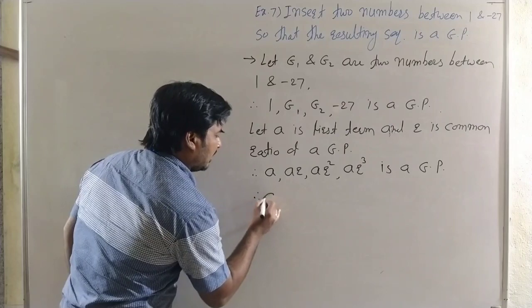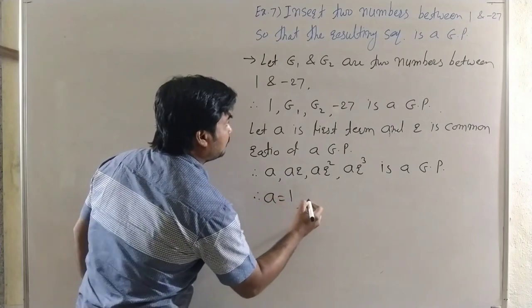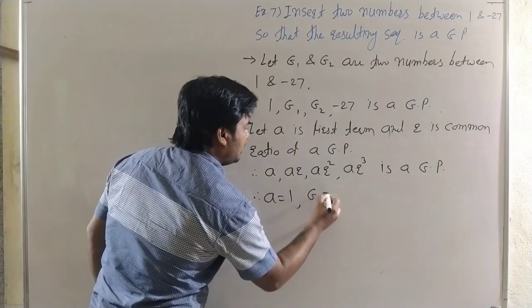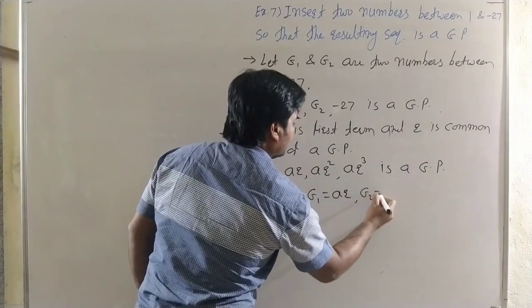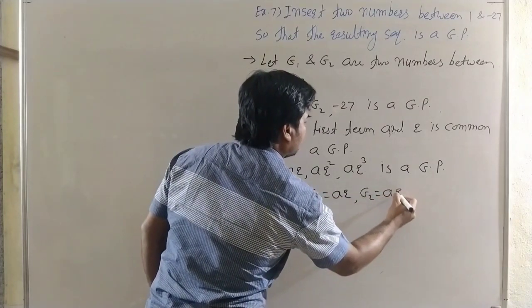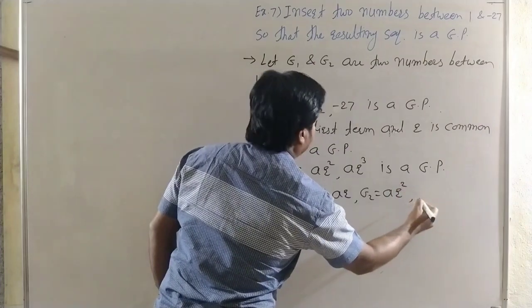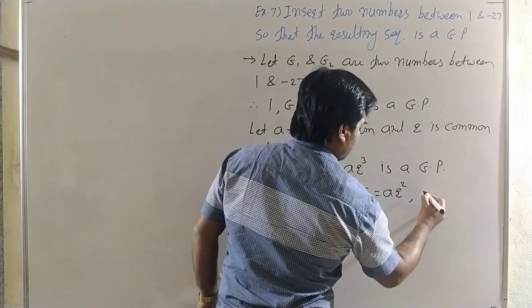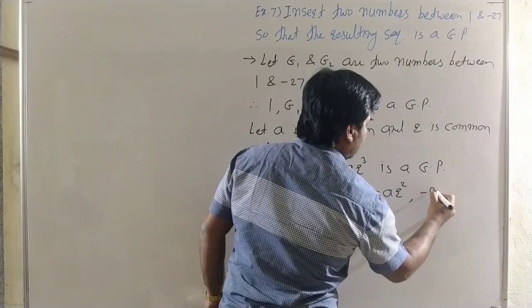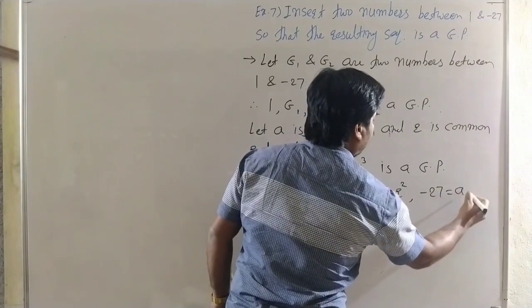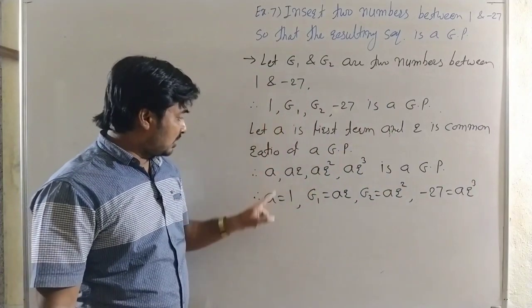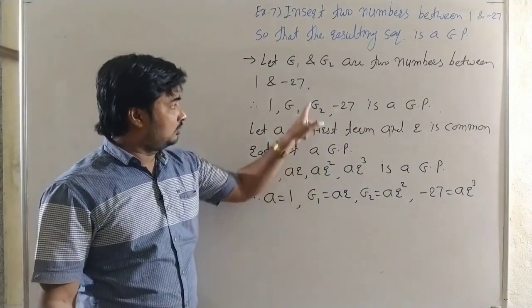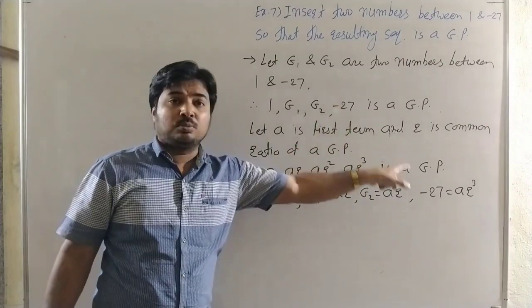Therefore we can write A is equal to 1, g1 is equal to AR, g2 is equal to AR square, and minus 27 is equal to AR cube.